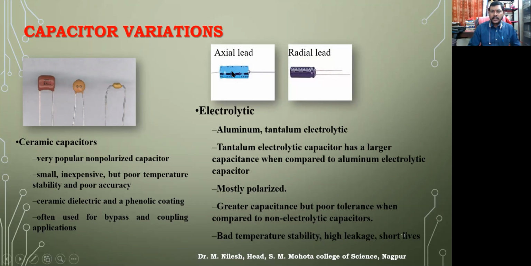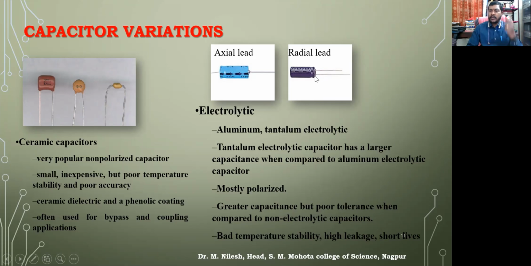These are axial lead capacitors, the same electrolytic capacitor, but having two leads on two sides. And this is a radial capacitor, which means they have leads on one side only. If you are able to see, there are positive and negative terminals. Similarly, the negative terminals are a little bit smaller with respect to the positive terminals.